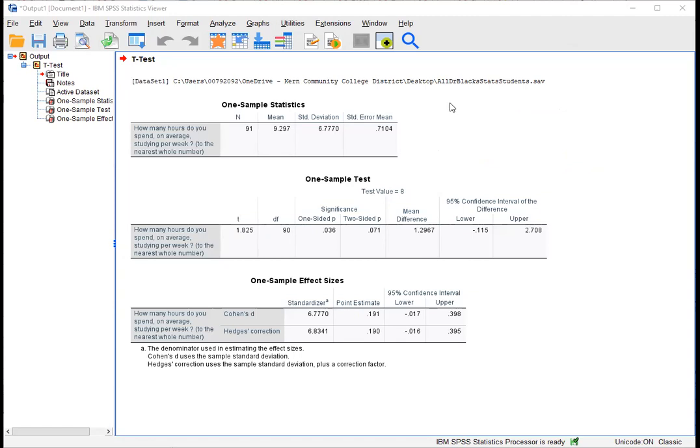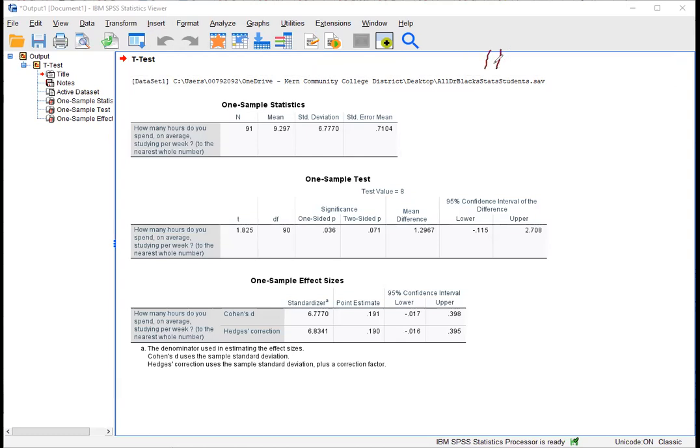Now I'm going to show you a different example. This time, we're going to make a hypothesis about the mean hours Bakersfield College students spend on social media. And we are going to hypothesize that Bakersfield College students spend less than 10 hours a week on social media. So we're going to write that out.